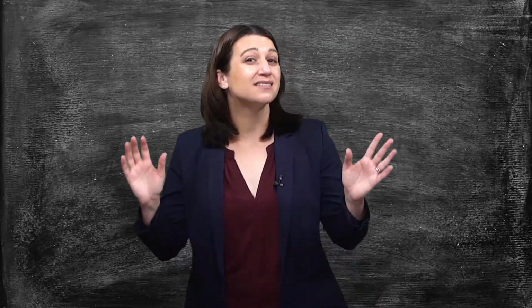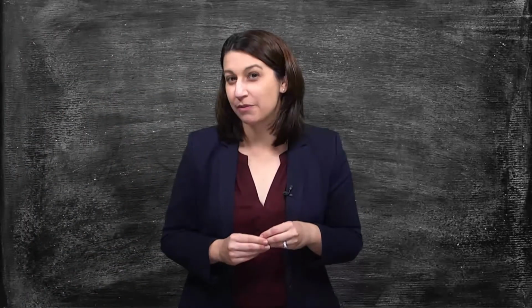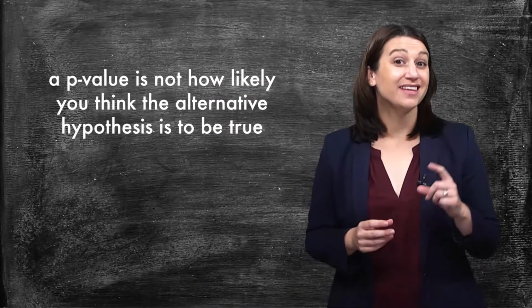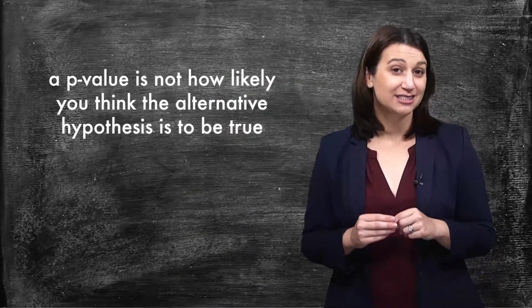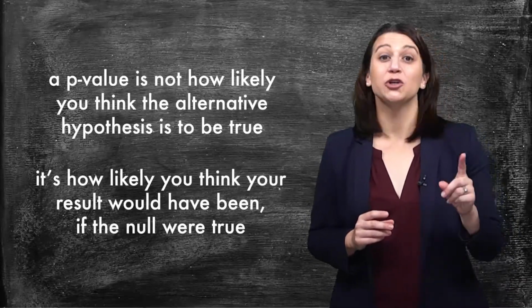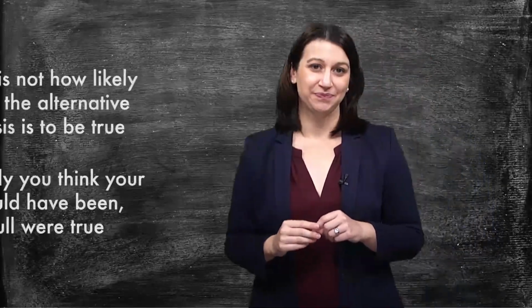So only a smaller area than that can be shaded, and therefore we will get a smaller p-value than 0.05. Now, here's a tricky truth to remember about a p-value. It is not how likely you think the alternate hypothesis is to be true. Instead, it's how likely you think your result would have been if the null were true.